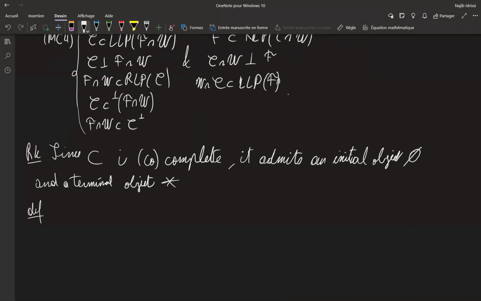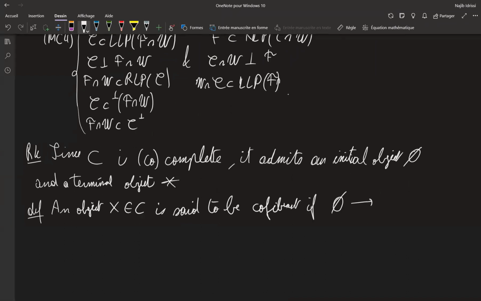Another definition: an object X in C is said to be cofibrant if the unique map from the initial object to X is a cofibration, and fibrant if the unique map from X to the terminal object is a fibration.